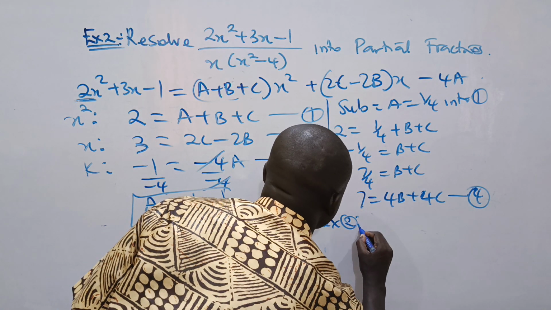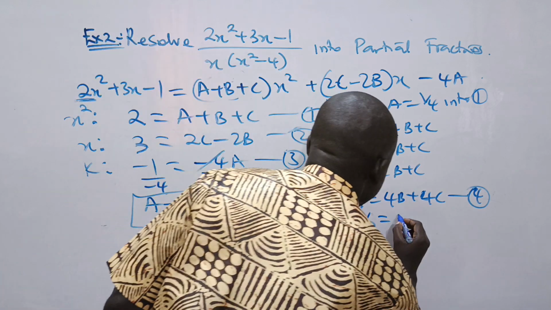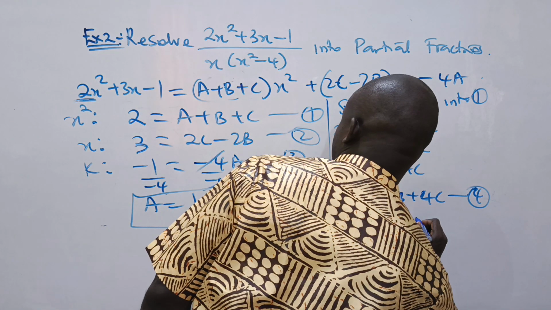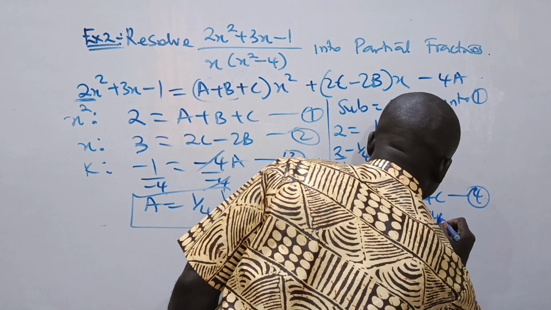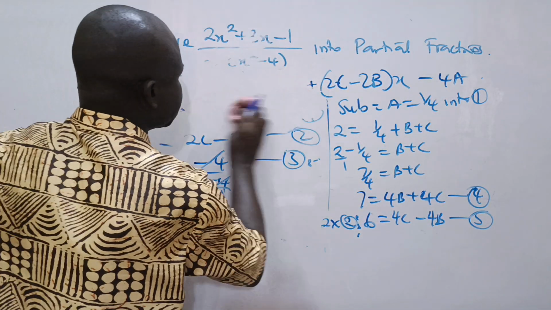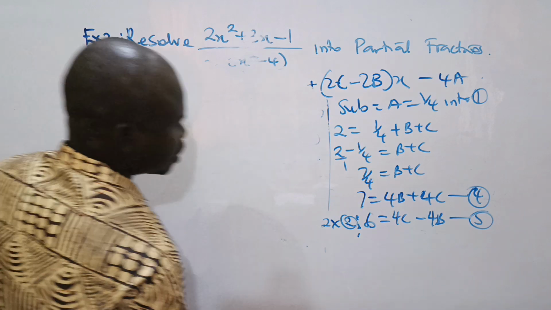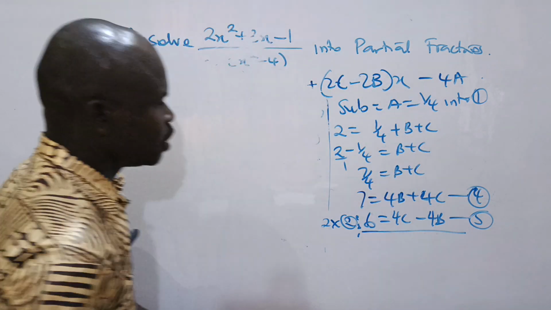If I use 2 to multiply equation 2, what am I going to get? I'm going to have 6 equal to 2 times, that will be 4c minus 4b. Let's call that one equation 5. So if you compare the two equations, equation 4 and equation 5, we can solve these two simultaneously. So what do we do there?